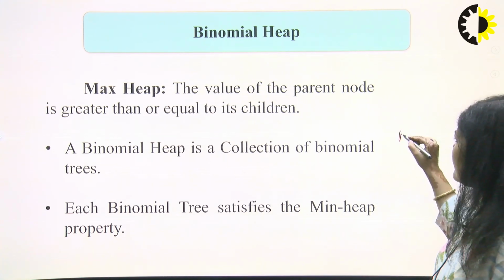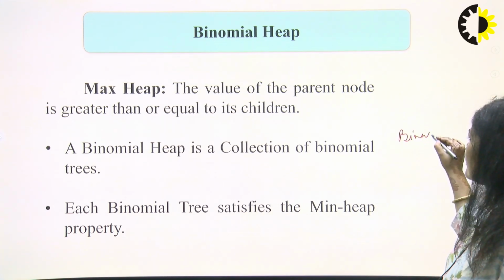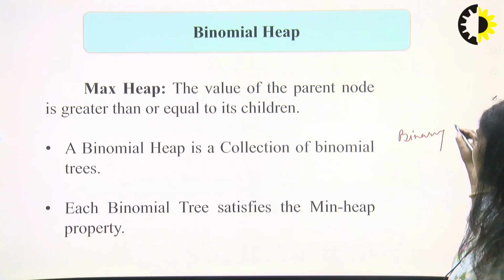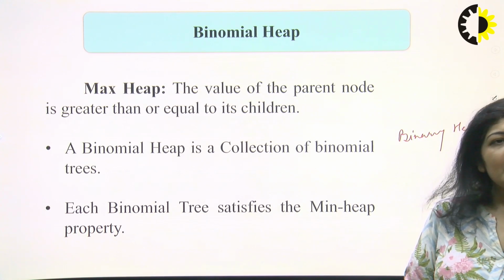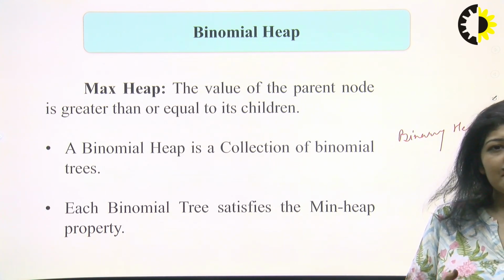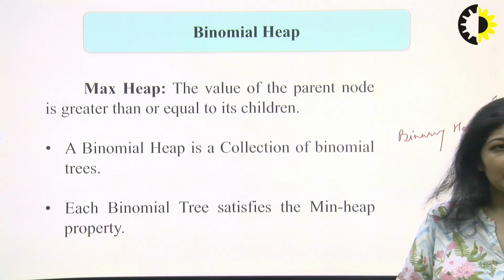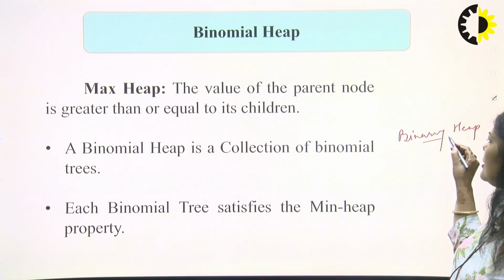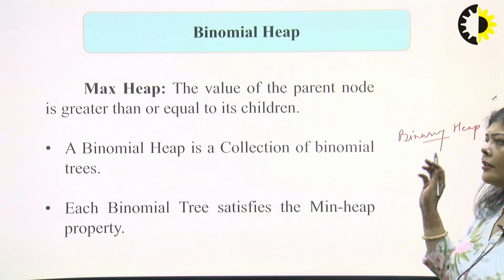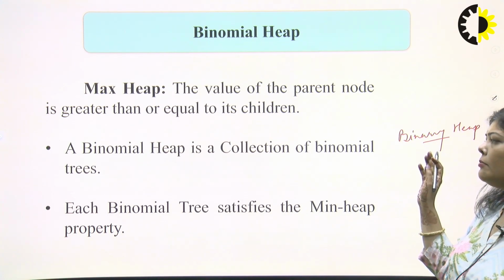So binary heap is the data structure that we already have discussed when we took up, for example, the heap sort algorithm for sorting n number of elements. So binary heap we already have gone through, and now we are going to discuss the binomial heap.